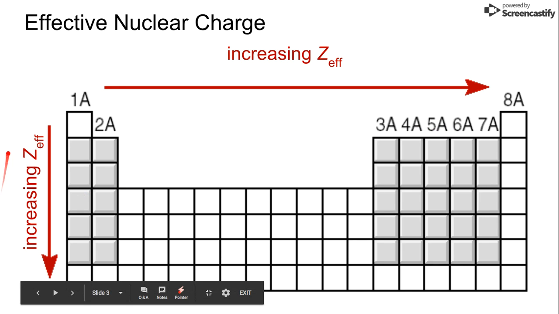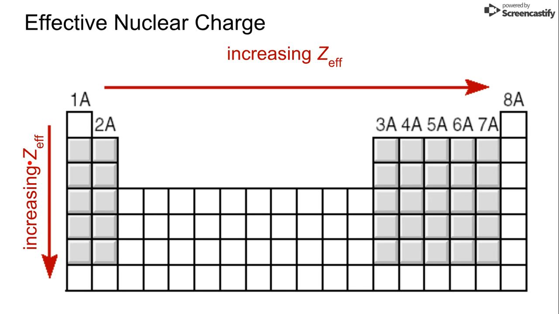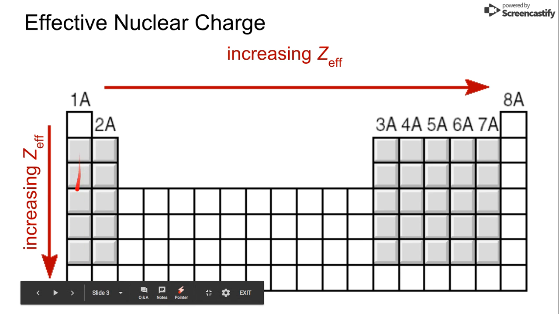Now, as it turns out, my slide is wrong. This is telling us that effective nuclear charge increases as you go down. It actually decreases as you go down. And the reason for that is because let's take this element right here. It has one s electron, as do all of these elements. Okay, that's the outermost electron.